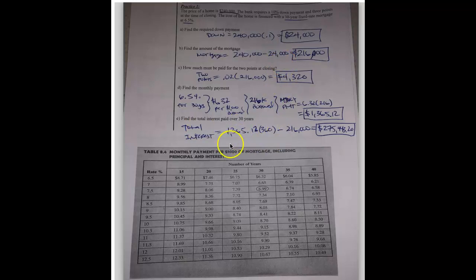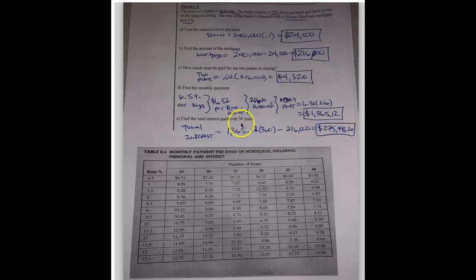I hope you will pause this video as needed to help you get through the skills and concepts here. And then total interest, same thing as the last time. Take the monthly payment, $1,365.12, multiply by how many months there are in the loan term, which is 30 years, so 360 months. This is similar to the last section we did: the total amount of money out of pocket minus the loan amount eventually is your interest. So this is not really different than that.